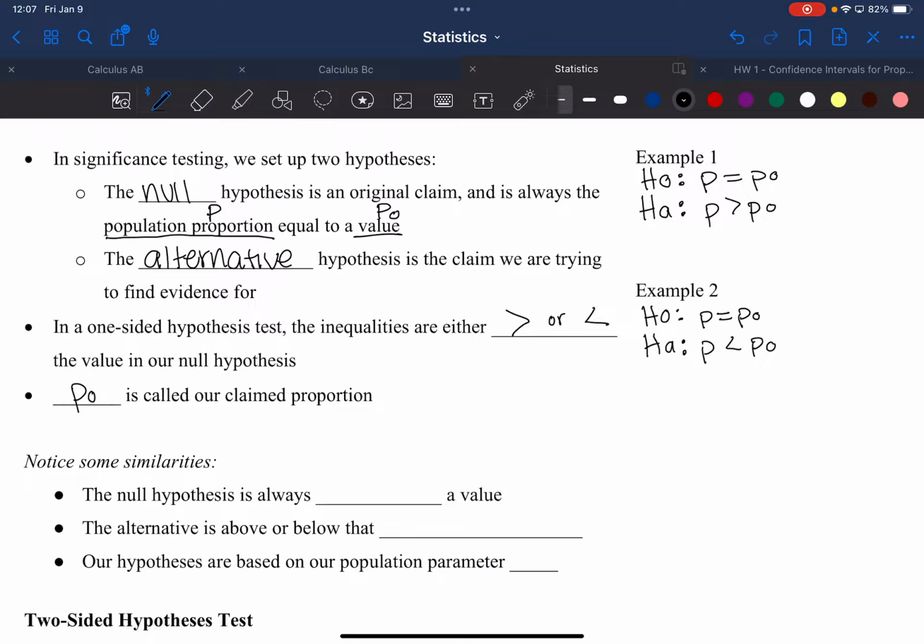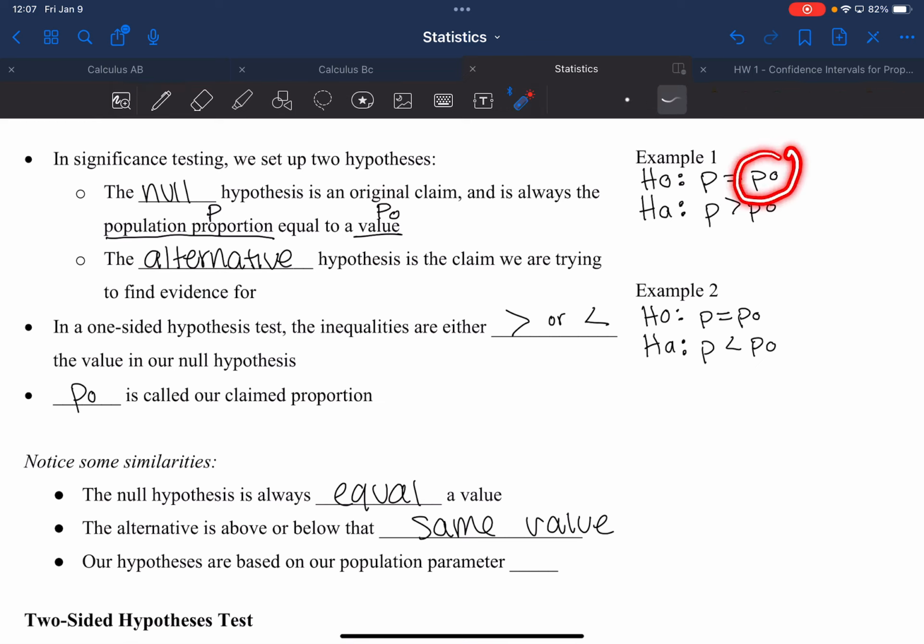The null hypothesis is always equal to a value. Your null hypothesis is never going to have an inequality with it. It's only going to have an equal sign. The alternative is above or below that same value. So notice in our example, off to the side, we have our null hypothesis equal to P naught and our alternative greater than P naught.